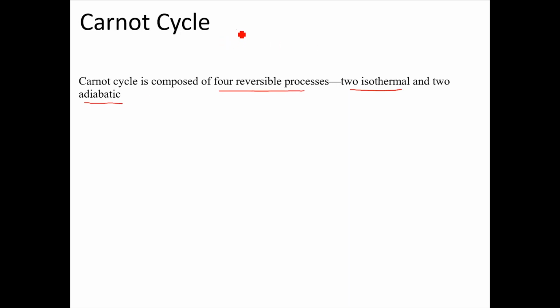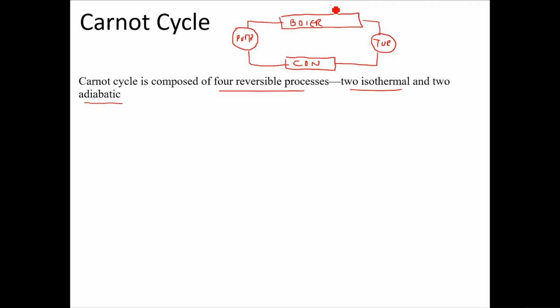If you remember the steam power plant, you had a pump, a boiler, a turbine, and a condenser. Heat QH was given into the boiler, and heat was rejected out of the condenser. As a result of the turbine, work out was generated, and as a result of the pump, there was work into the system.